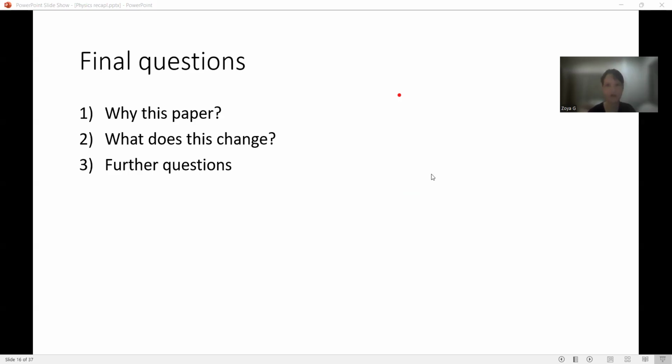Okay, what does this paper change? Well, it literally proposes an experiment, a plan for an experiment, which, if it gets picked up, could either one day detect dark matter or point us in another direction with the search.